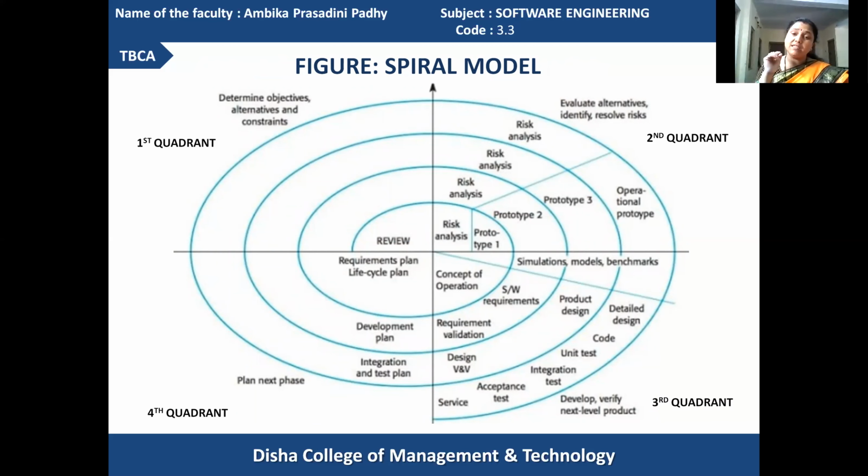As we have already seen in this diagram, the prototype model is used at the second quadrant of the spiral model, in which many unknown facts are converted into prototypes and developed separately. And those prototypes can be built according to the real problems of the risks that are to be solved.